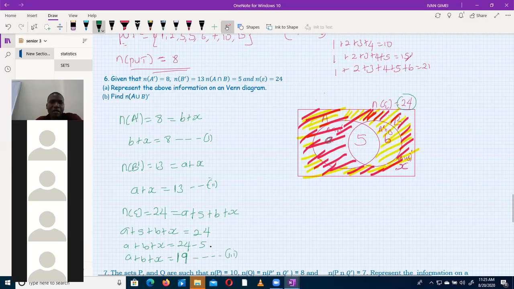Who can tell us how we can solve these 3 equations? Can somebody tell us what we can do? We have 3 equations, we have 3 unknowns. It can be solved. Now, how can we solve this to find the value of X, the value of A, and the value of B?